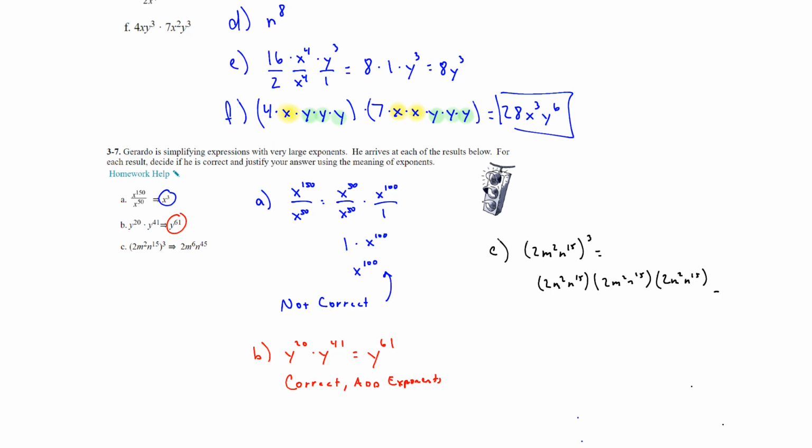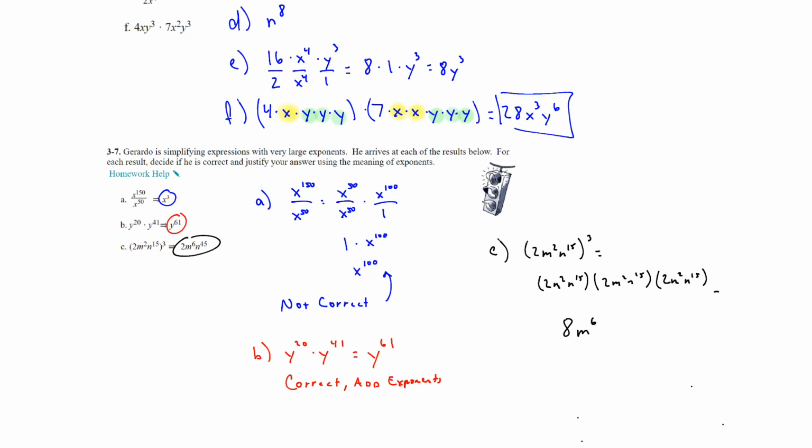So what happens? Well, 2 times 2 times 2 is 8, so we can already see that that answer will be incorrect because 2 is being multiplied by itself 3 times. And then m squared times m squared times m squared, so that's a total of 6 m's. So that part looks like he's correct.